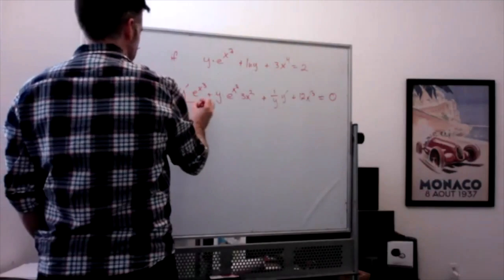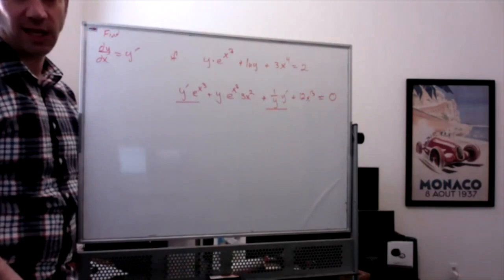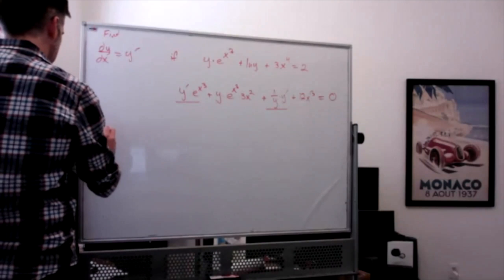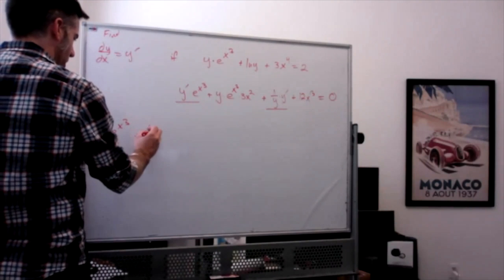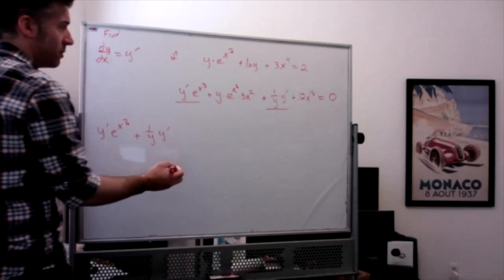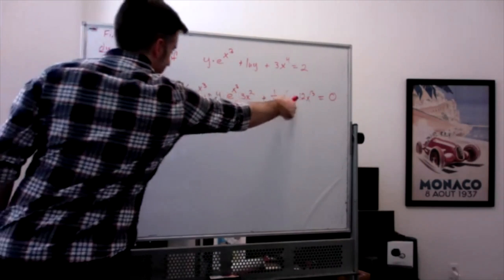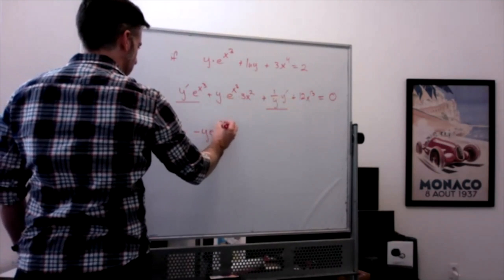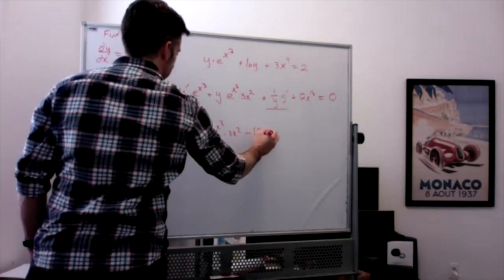This term and this term both have y prime, so they stay on that side, and the other stuff goes to the other side. So I have y prime e to the x cubed plus 1 over y times y prime is equal to negative y e to the x cubed times 3x squared minus 12x cubed.